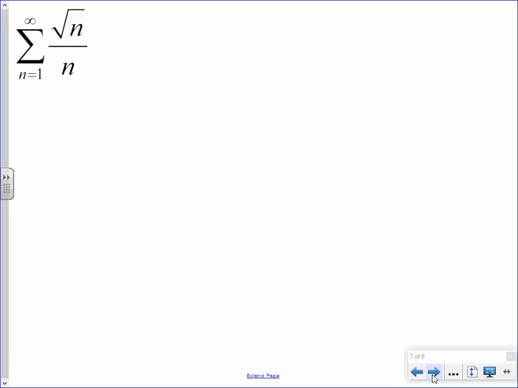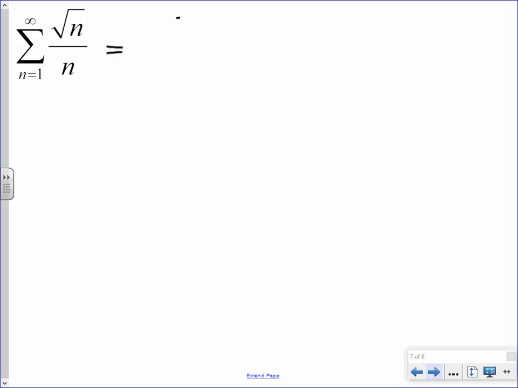Okay, last example. Write it down. We don't have to multiply anything here, we just have to simplify, right? We have n's in both the numerator and denominator, we can simplify.